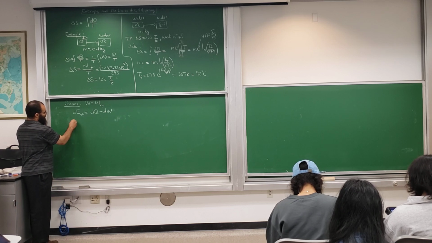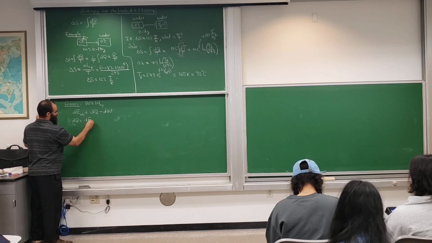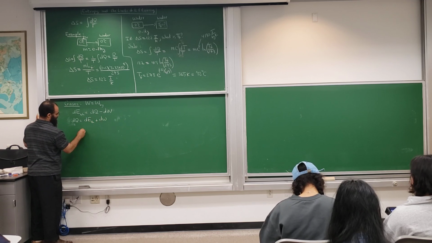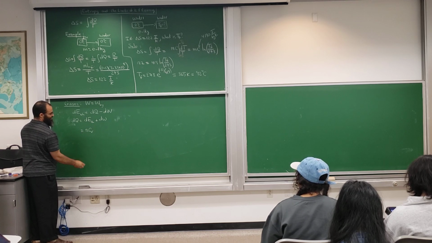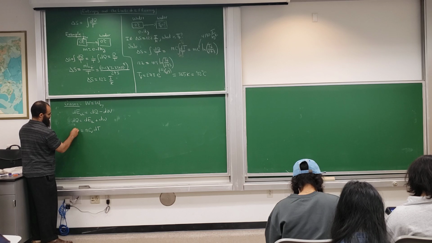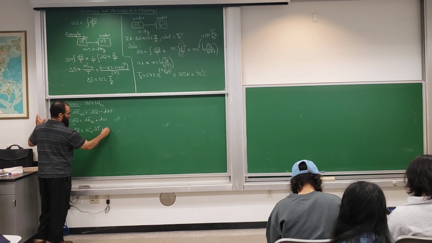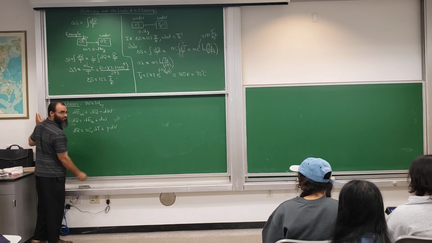So that means dq is equal to dE thermal plus dW. But dE thermal is m C_V dT. How about dW? Pressure times change in volume, dV.